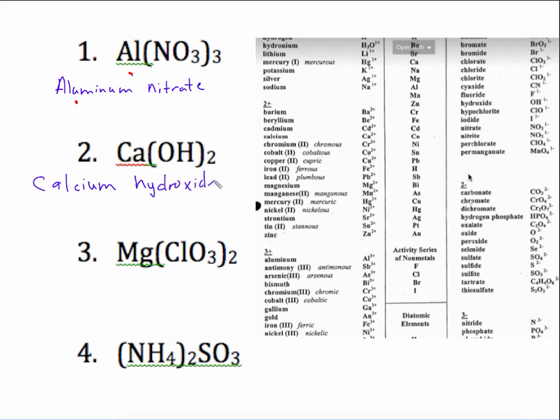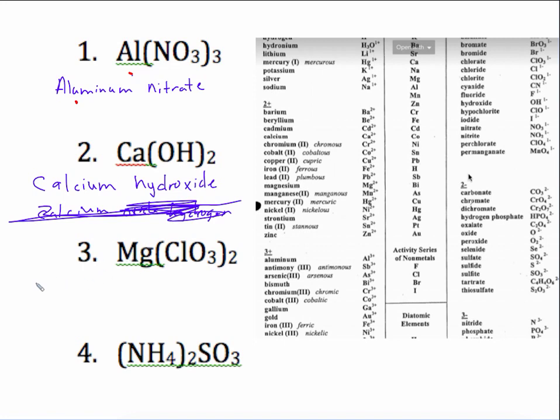All right, so everything is binary. The positive ion name, the negative ion name. A mistake that some people will make is they'll write down something like calcium oxide hydrogen, or something crazy like that. No, that's not right. Everything is binary, two names.